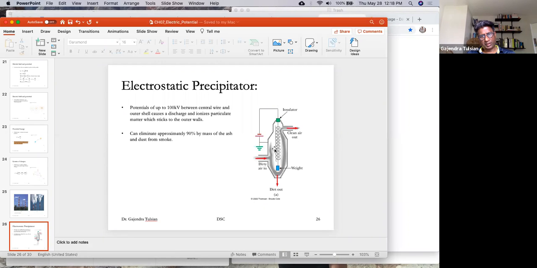So it's spitting out electrons, and these electrons attach to the particulate matter. And since the housing is positive, the negatively charged smoke particles will stick to the housing. Okay. And so now you have clean air going out. And once enough particulate matter is sticking, every once in a while you shake the housing and the dirt falls down.